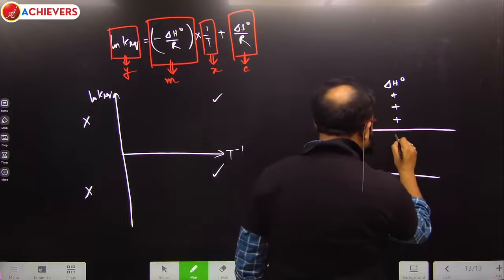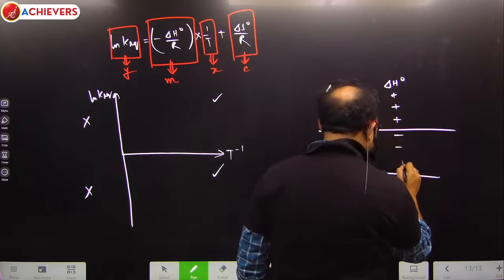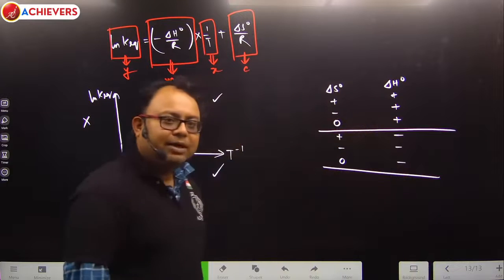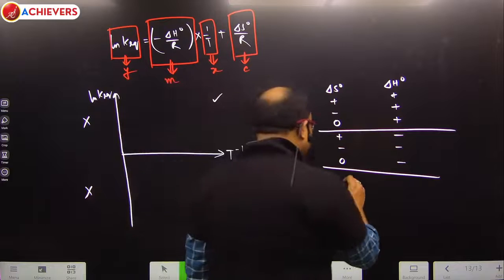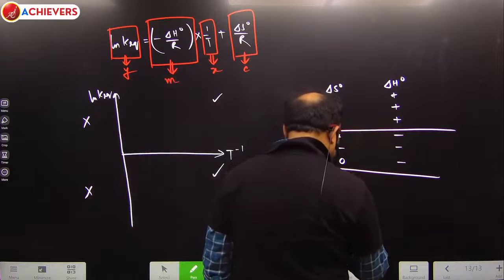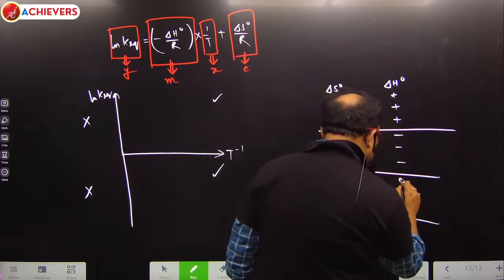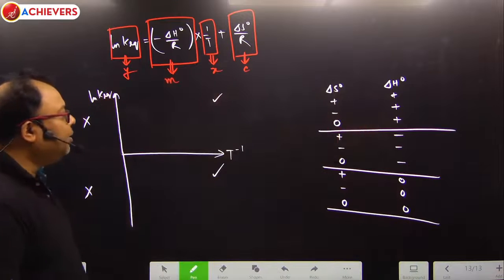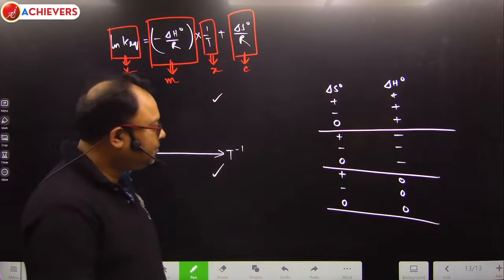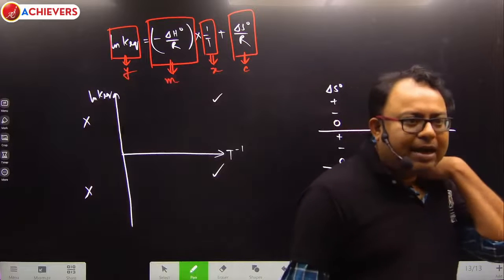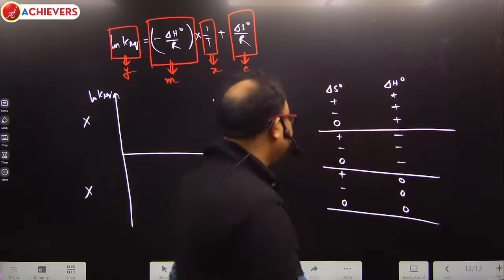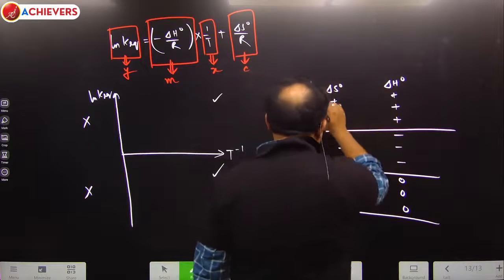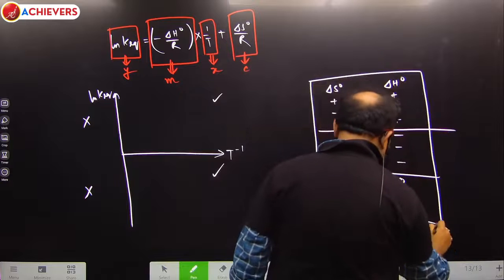In all these cases, delta H naught is negative. Again, delta S can be positive, negative, or 0. In all these cases, delta H naught is 0. So there can be 9 combinations.